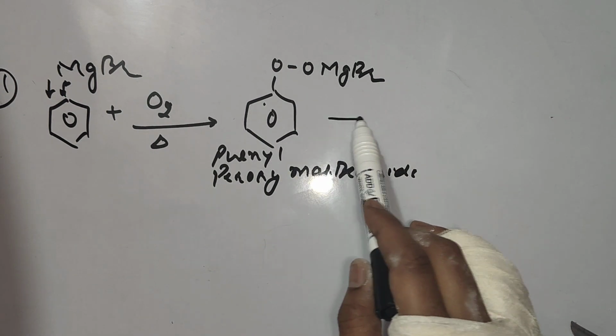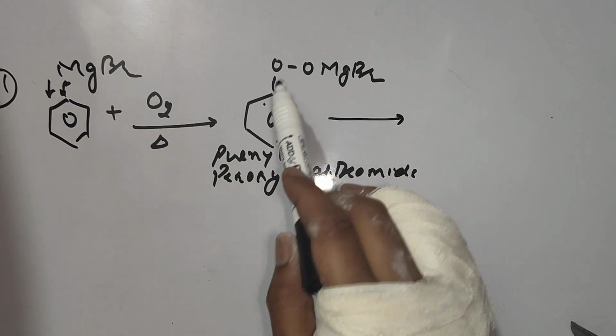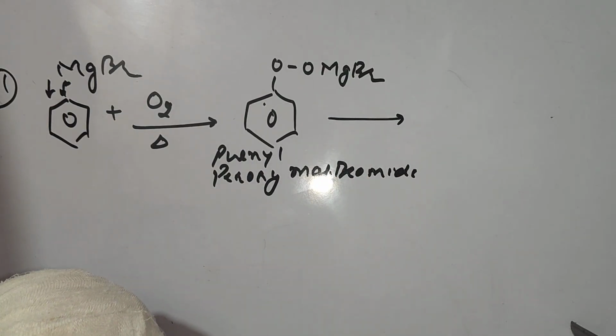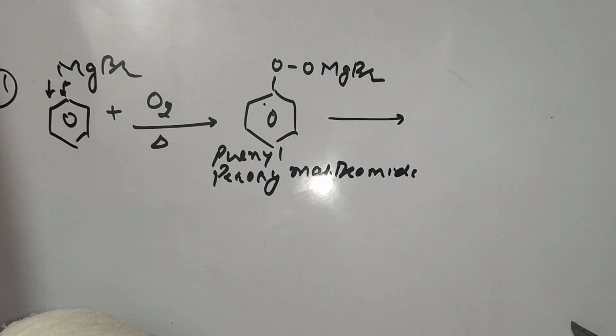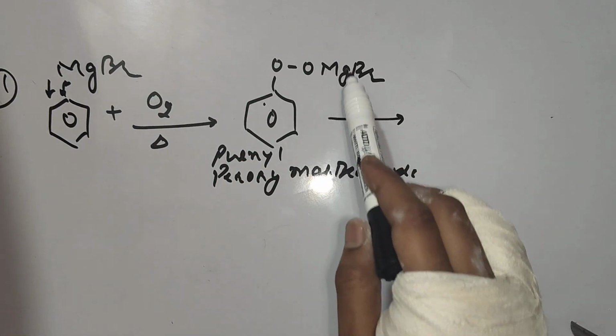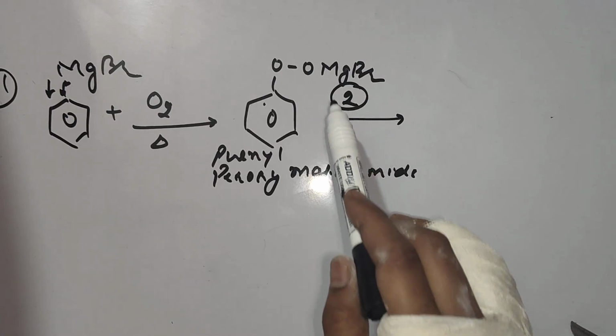Now secondly, this intermediate which is generated over here, phenyl peroxy magnesium bromide, will react again with another molecule of phenyl magnesium bromide. It will be your second step. Here I am writing.